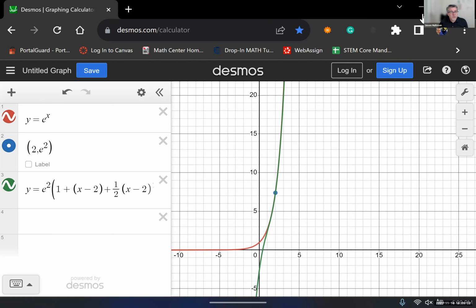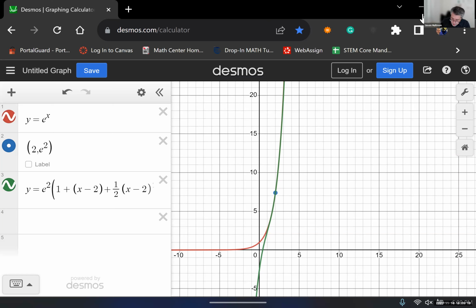and we could get even better and better approximations. We could have done this at x equals 0, and that makes things really easy. If we center this at x equals 0, that's going to be e to the 0 power, which is just 1.